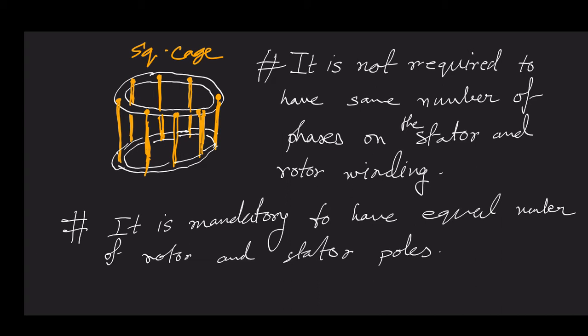That 6 pole structure and this 4 pole rotor won't match, because the stator will always produce a 6 pole rotating MMF, and whatever be your machine, irrespective of any machine, it is always two-way.